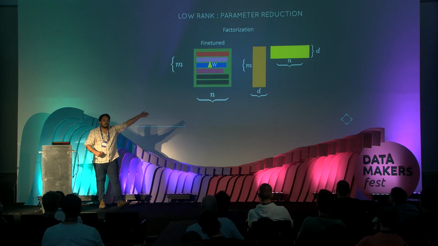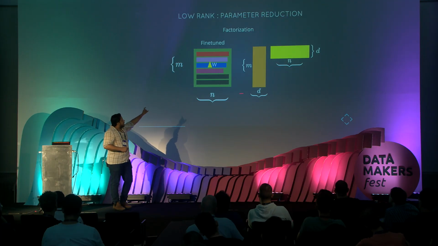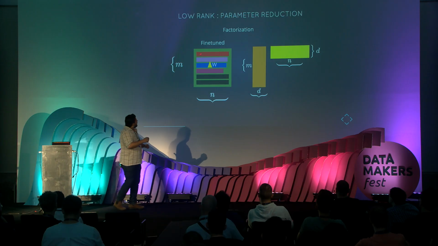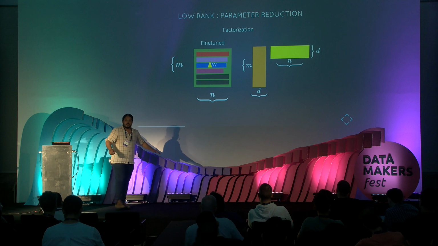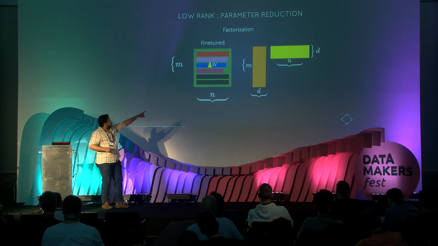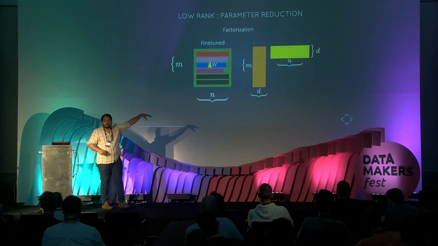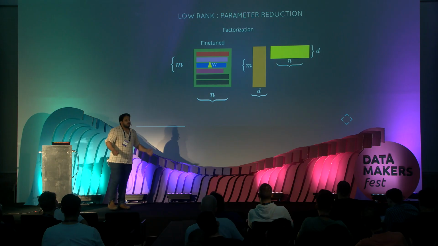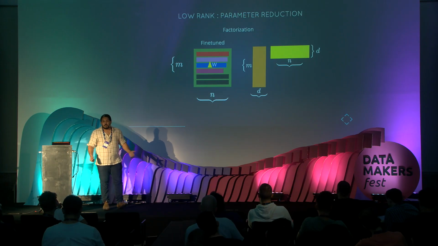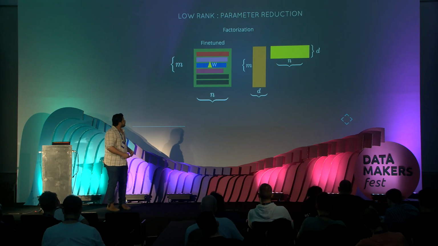So what you do is, you take this original matrix, and somehow you figure out that this matrix can be broken down into two smaller parts. And what that means is, all of this area, all these parameters that were filled here are gone now. You no longer need them. You can just take this matrix, break it down, and that's all you need. You don't need anything else. So that's also, for example, how singular value decomposition works to a degree.